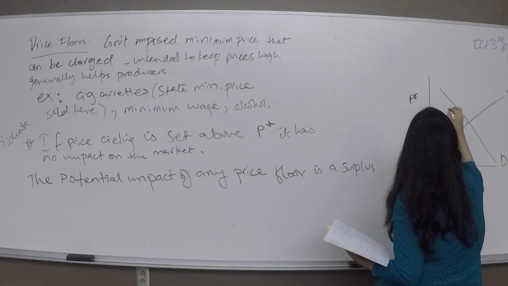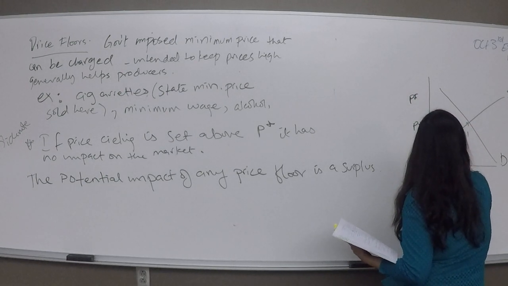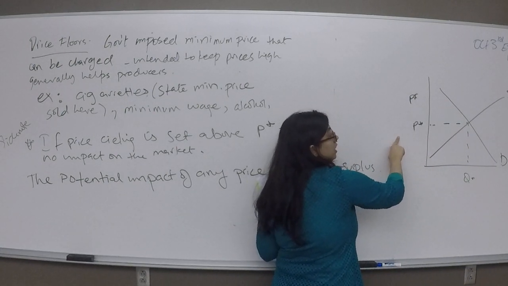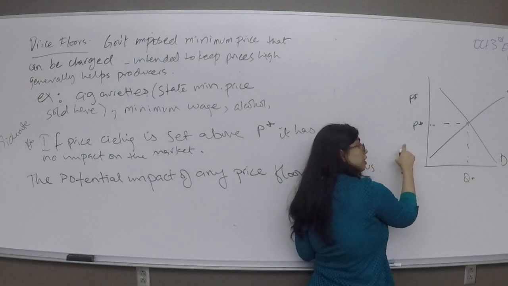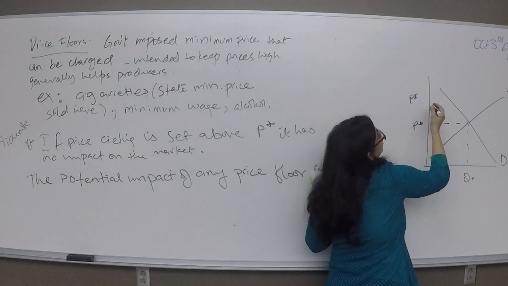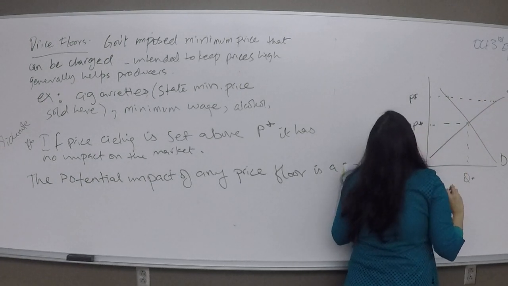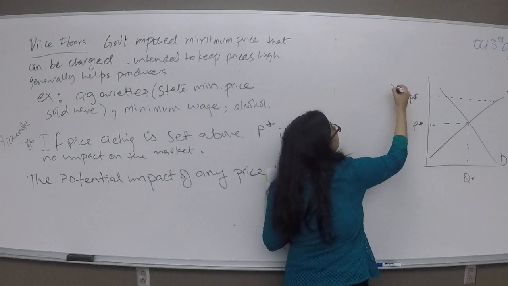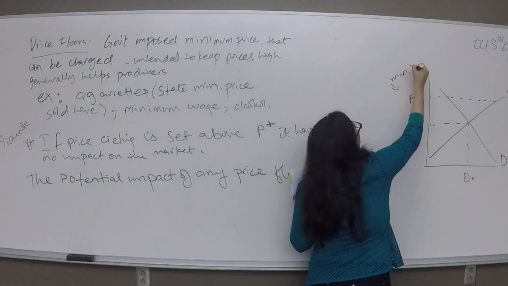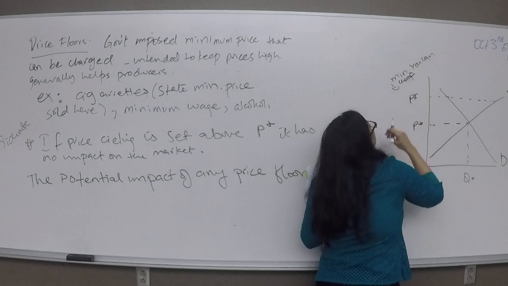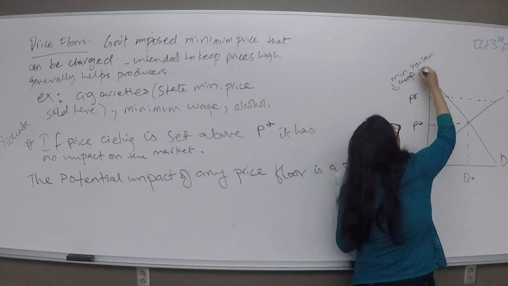Price floor is the minimum price that can be charged, right? So let's say that this is the market decided equilibrium price, where the market transaction should be happening at that price, but price floor is set by the government that this is the minimum you can charge, to keep prices high.